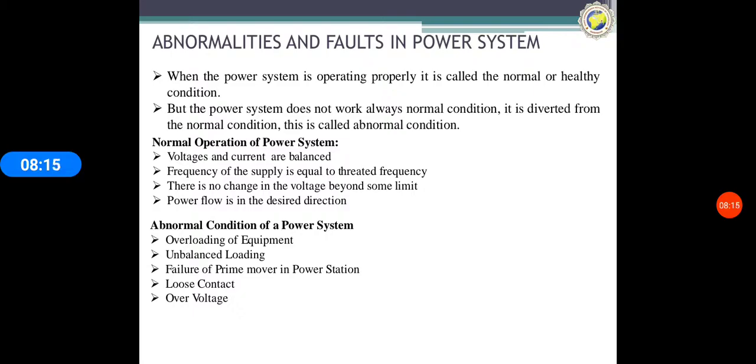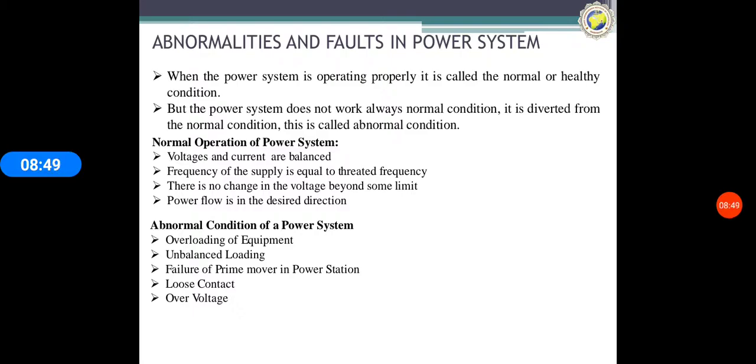It means the system is stable. When the system is unstable, it is called the abnormal condition. The power system does not always work in normal or healthy conditions; sometimes it diverts from its normal conditions. This is called the abnormal condition.